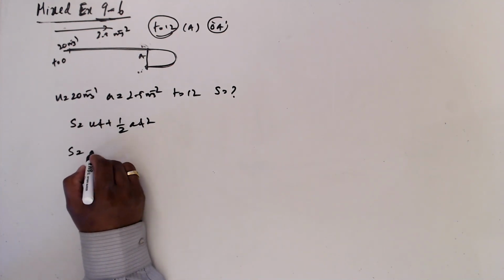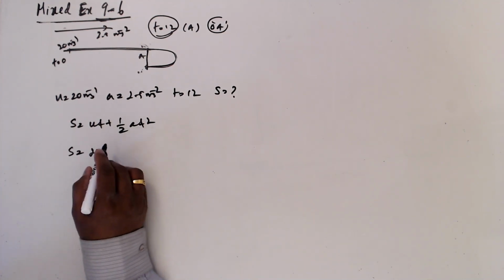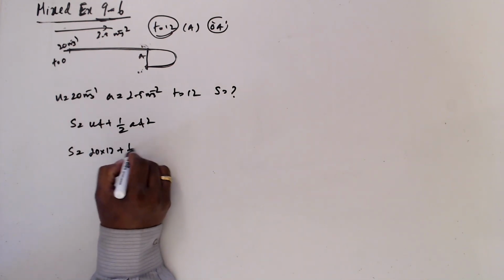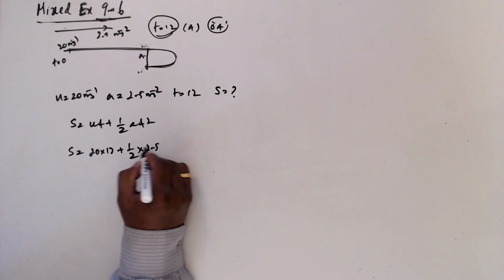u is 20 times t, which is given as 12, plus half times 2.5 negative.